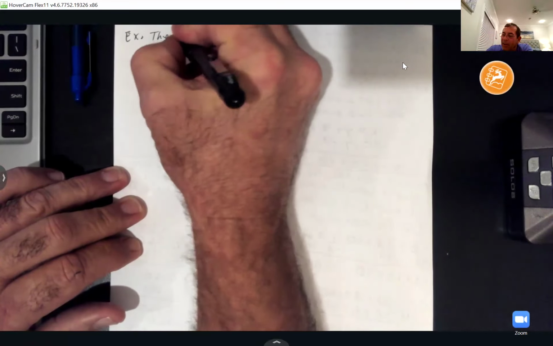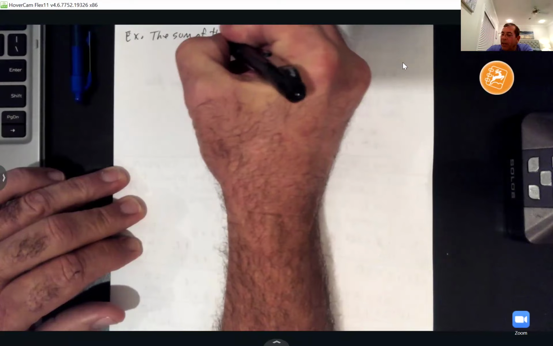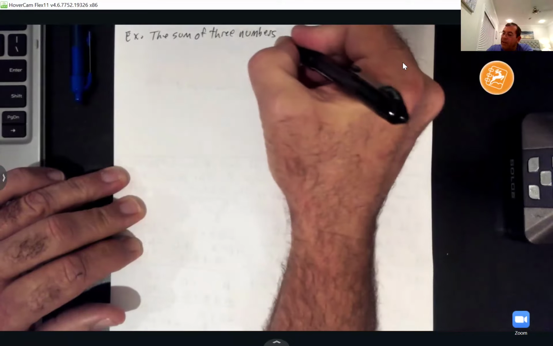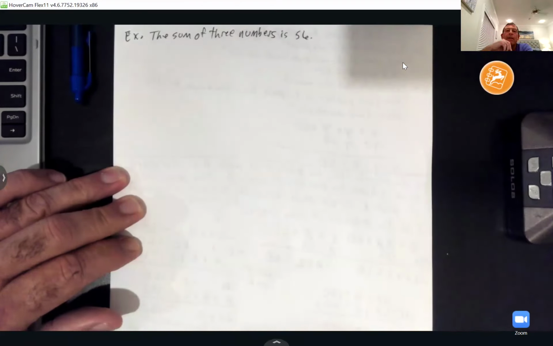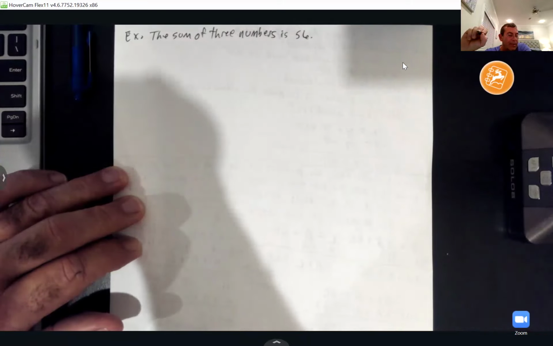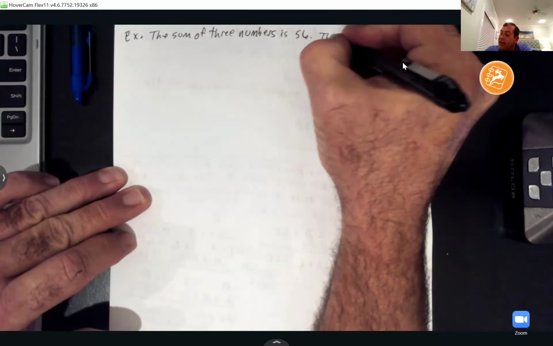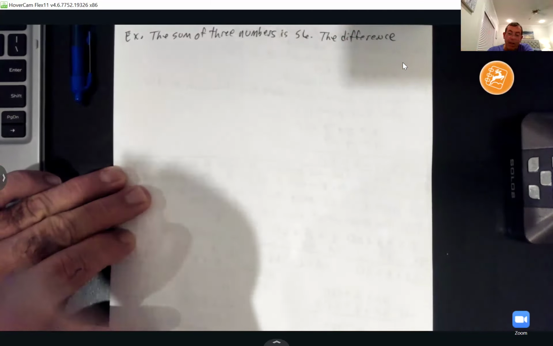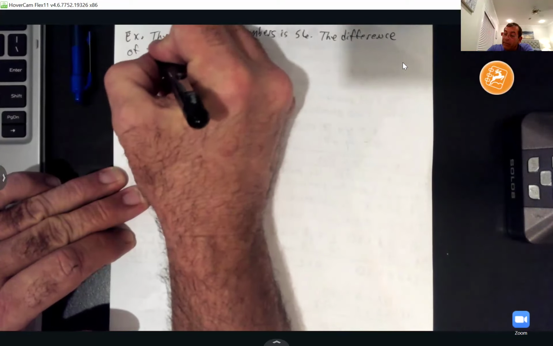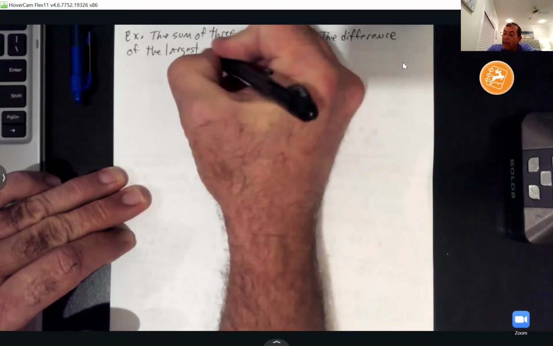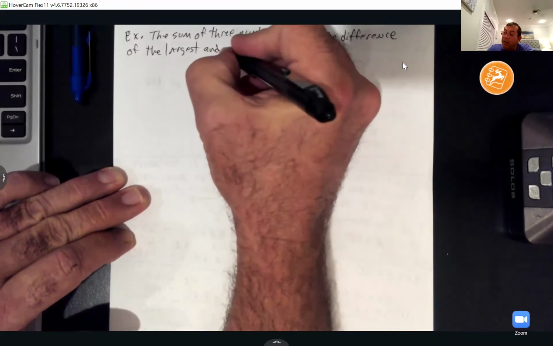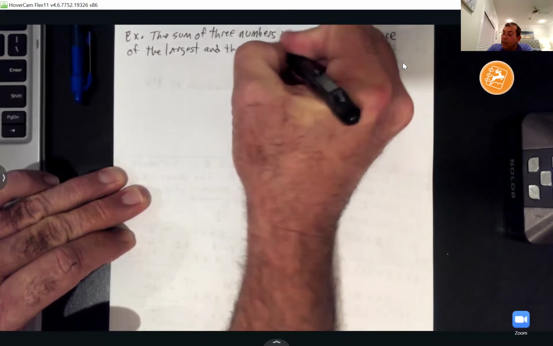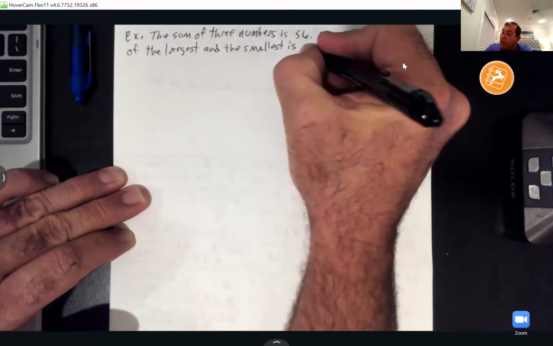So the sum of 3 numbers is 56. So 3 numbers added together are going to equal 56. Now they say the difference of the largest and the smallest is 51.